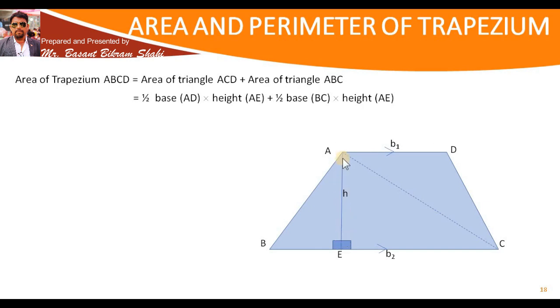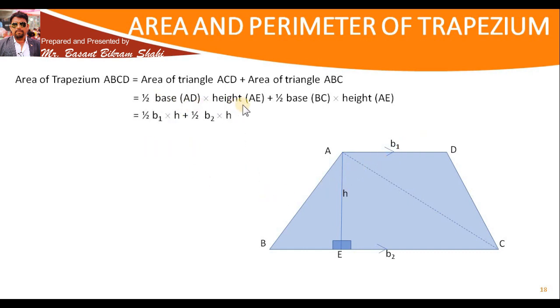So half into base AD into height AE. And the same thing applies here also in triangle ABC. Base is BC and height is AE, so half into base BC and height AE.